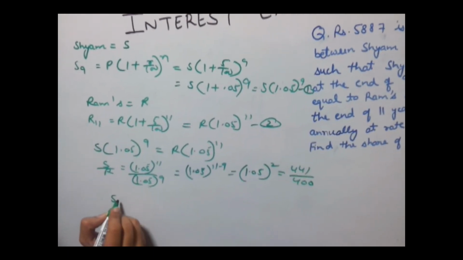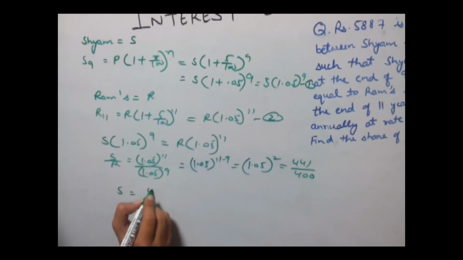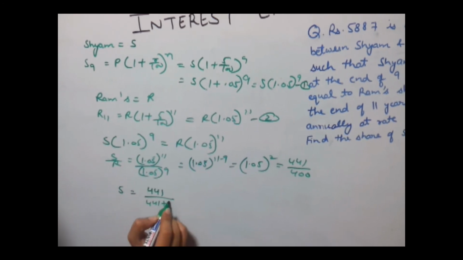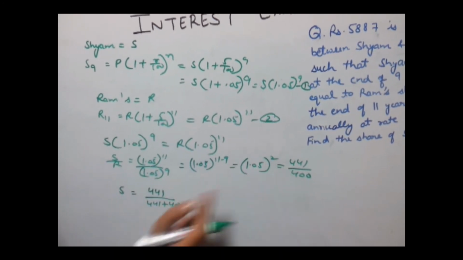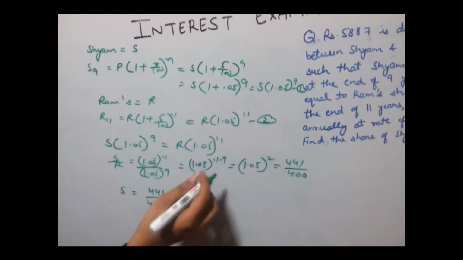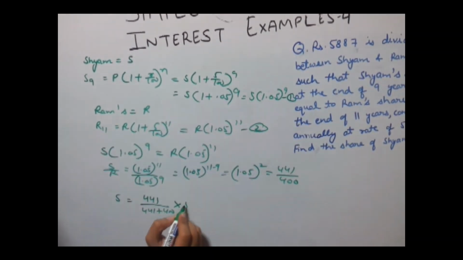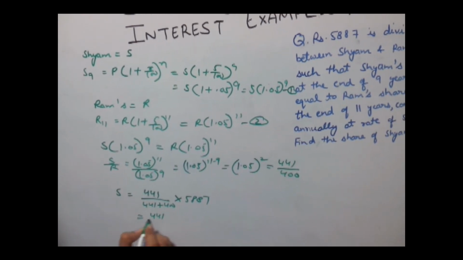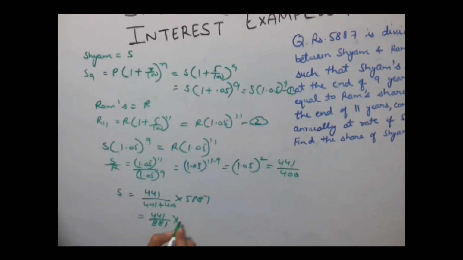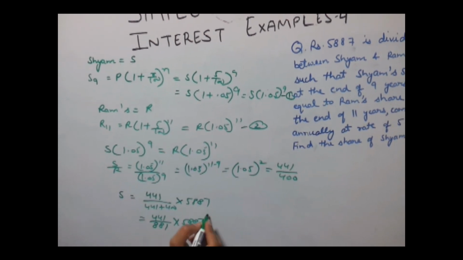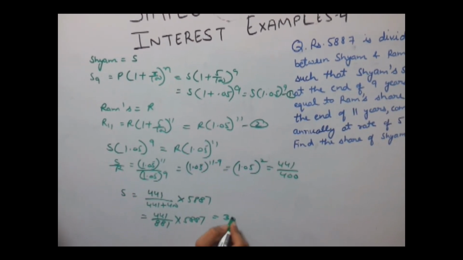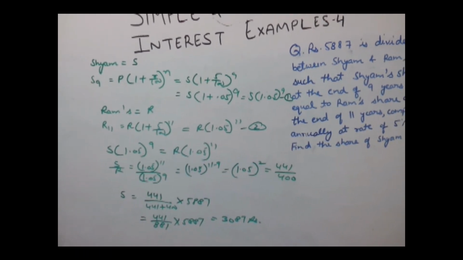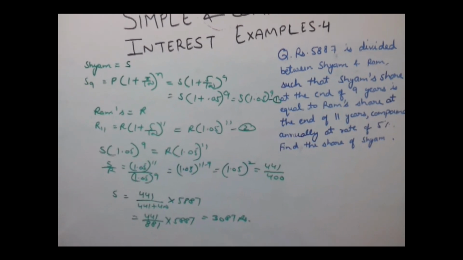Shyam's share S will be equal to 441, this is the ratio of Shyam, upon 441 plus 400, that is the summation of the ratios, into the actual amount which was divided, which is 5887. We'll get 441 upon 881 into 5887. After solving this, we will get 3087 rupees. So the share of Shyam is 3087 rupees.